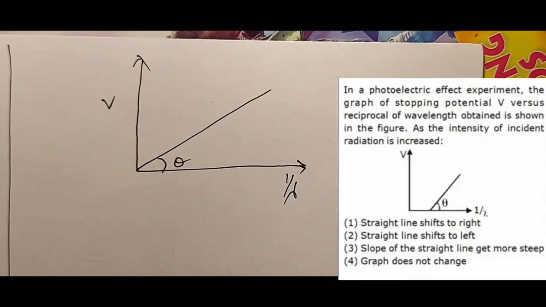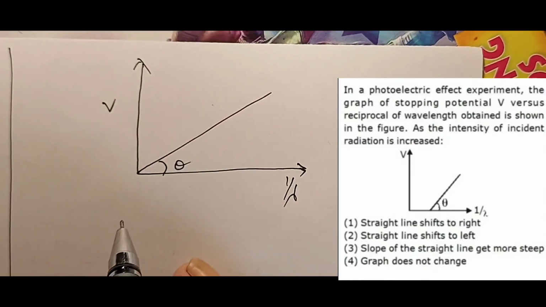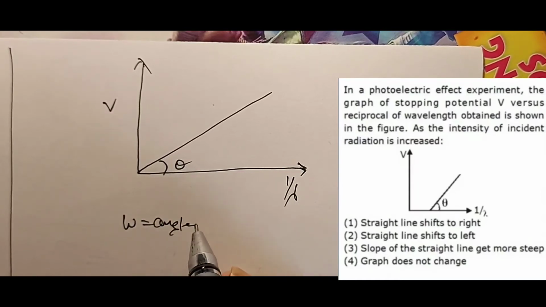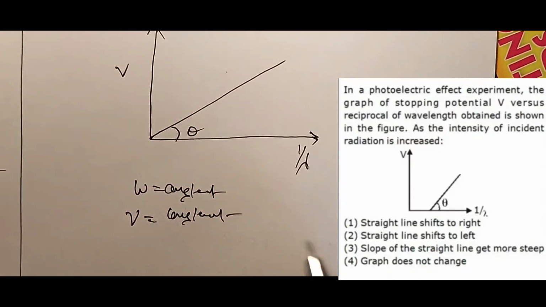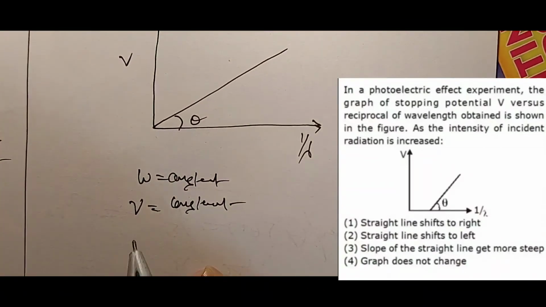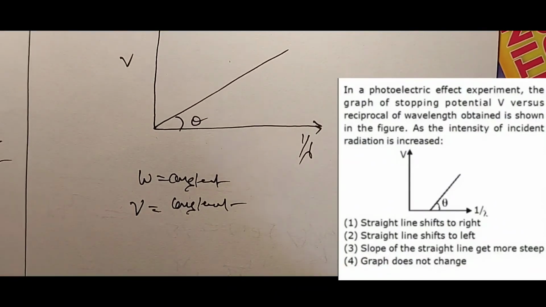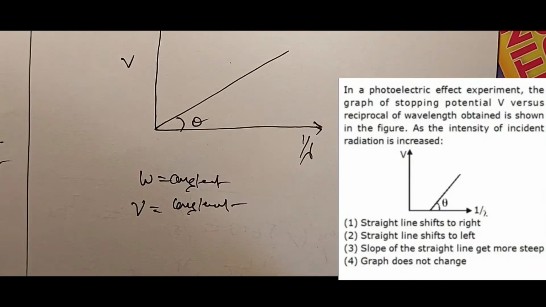Nature of the metal does not change, work function constant, and also frequency of light does not change, nu is equal to constant, and so the nature of the graph does not change. So our option is option 4.